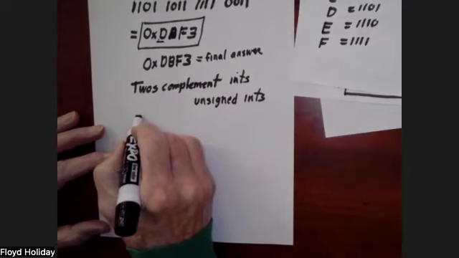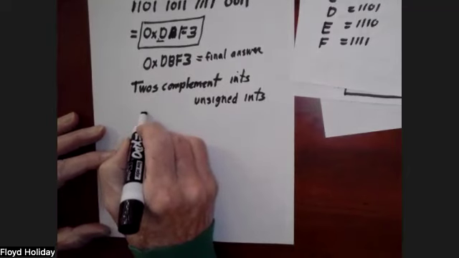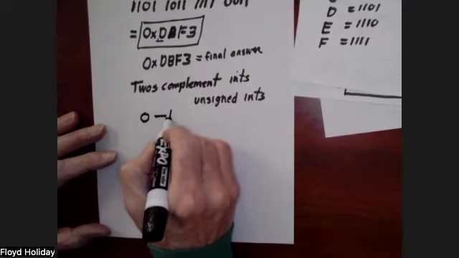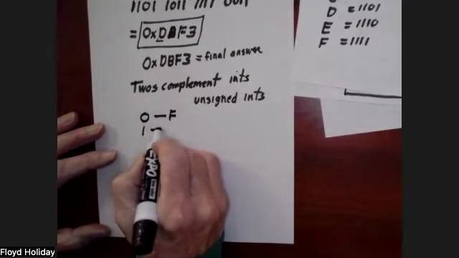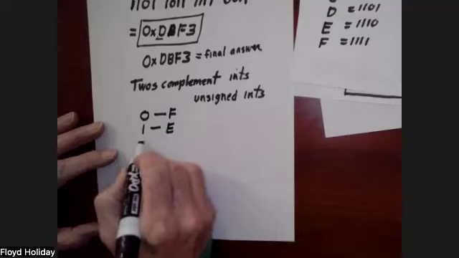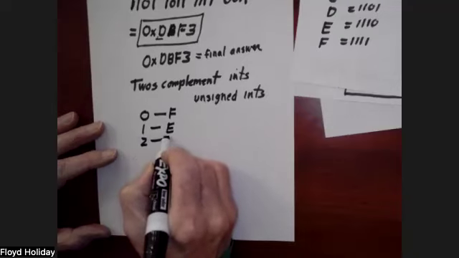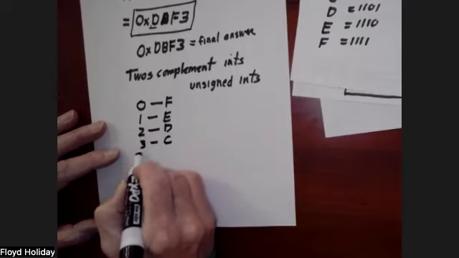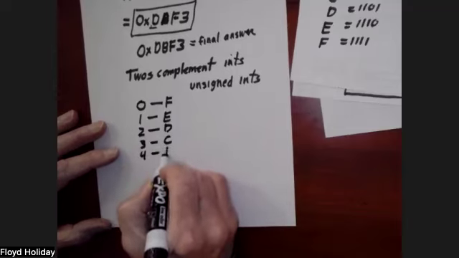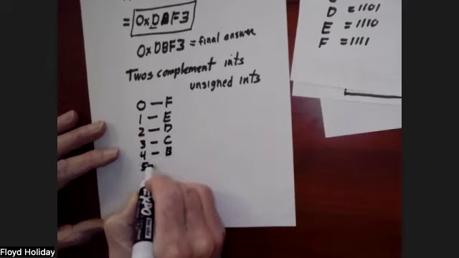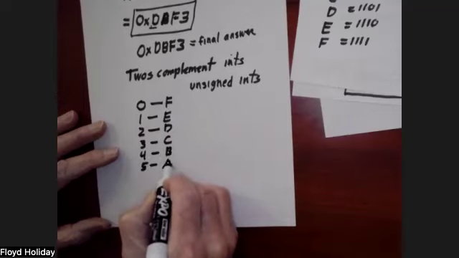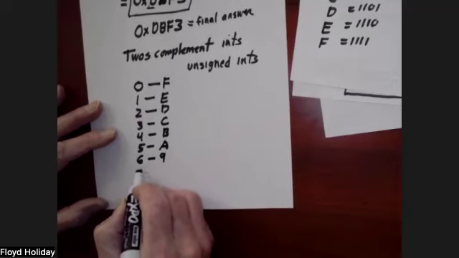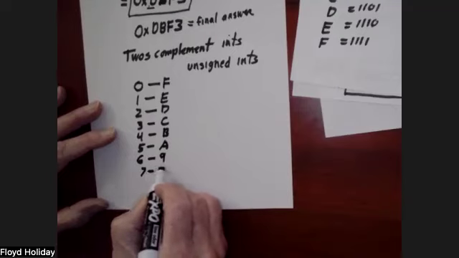So let's conclude today with this. 0 complements with F, 1 complements with E, 2 with D, 3 with C, 4 with B, 5 with A, 6 with 9, and 7 with 8.